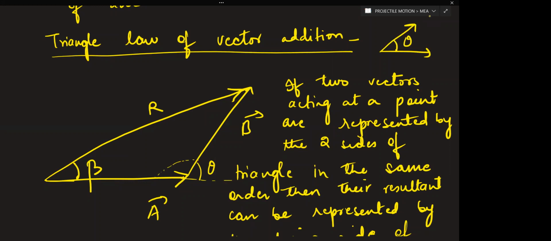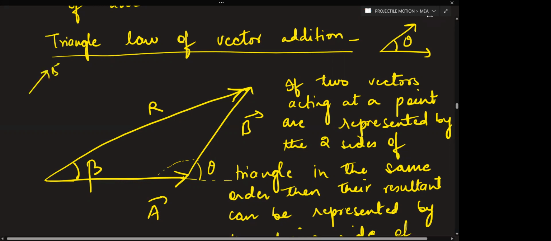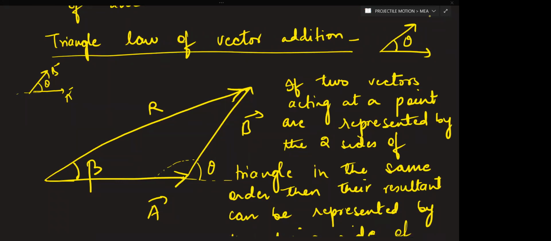So here it is not possible to take theta from any of the sides. If you take theta from here, this becomes the angle between the head and the tail, but we require the angle between tail and tail. See, if I just extend it and bring it away, B is here, A will become here. So that makes the angle between them. That's why we require this angle. Got it? Okay, ma'am.